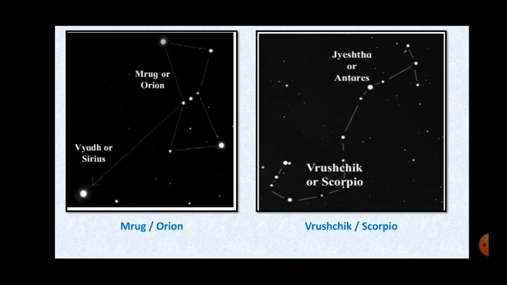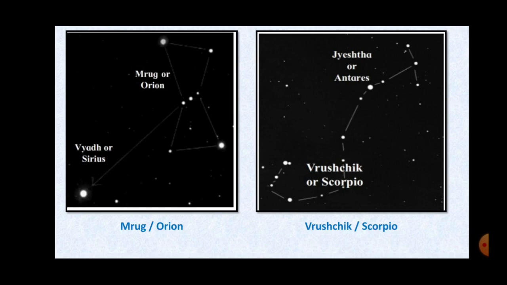Then the next one is Vrishchik or Scorpio. If you carefully observe this figure, it looks like a scorpion. In Hindi, it is called Bichu, right? So this Vrishchik or Scorpio is a constellation which has around 10 to 12 stars. And the star Jyeshtha or Antares is the brightest star in the group.